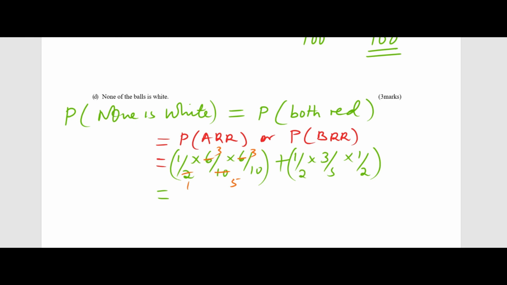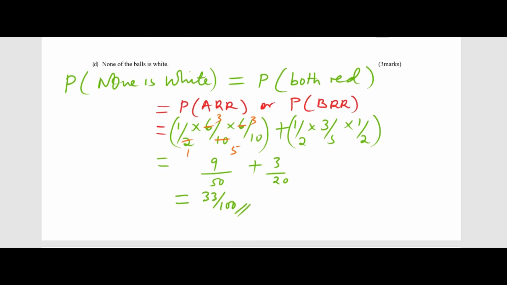So this will give 9 over 50 plus 3 over 20, and when you do this addition, it is going to give 33 out of 100.